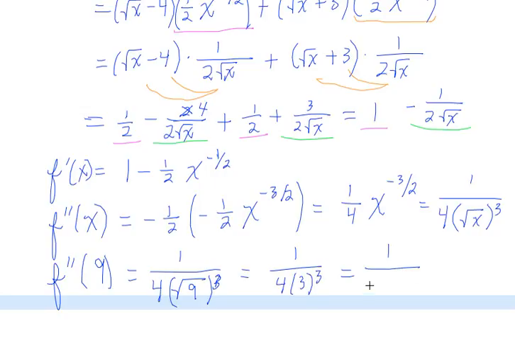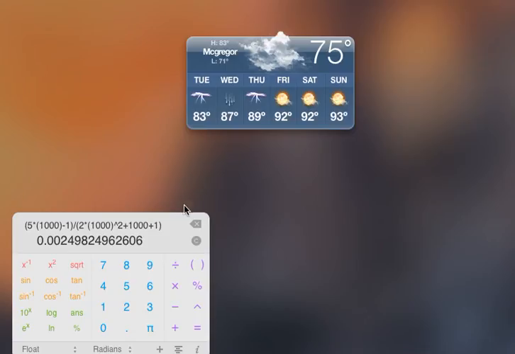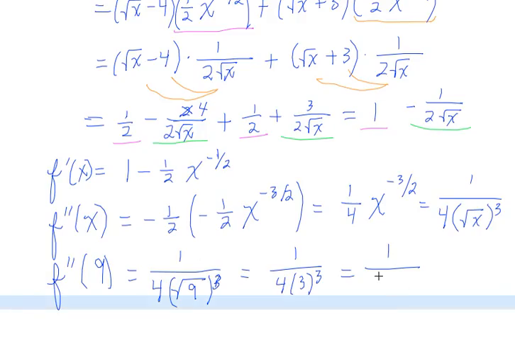That's 1 over 4 times 27. So 4 times 27 is 108. So 1 over 108. So that's the first exam. Let me know if you have any questions over any of those problems.